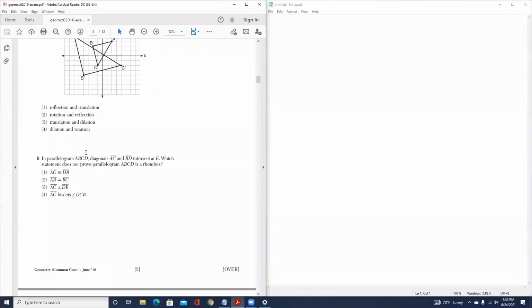Let's move on to question 9. In parallelogram ABCD, diagonals AC and BD intersect at E. I'll draw this out.